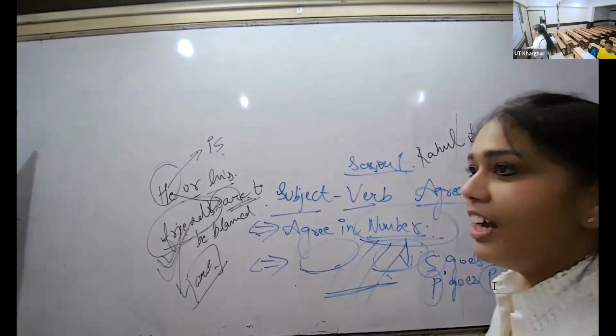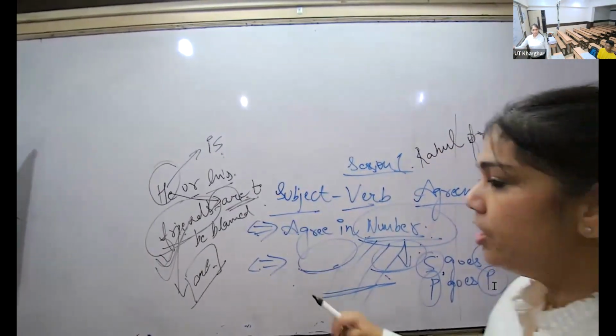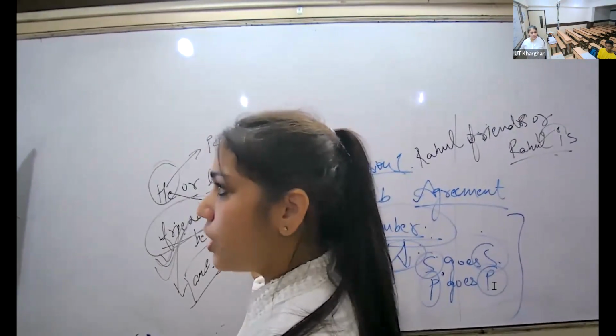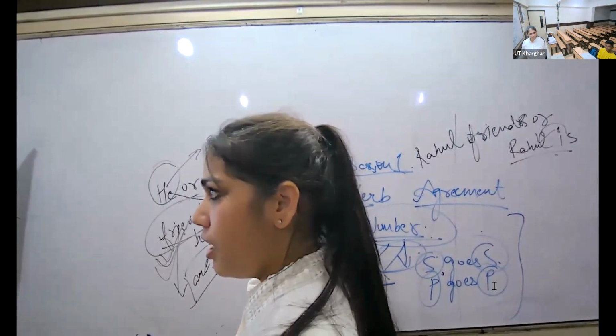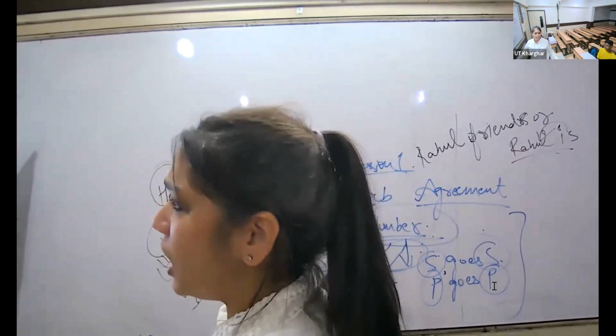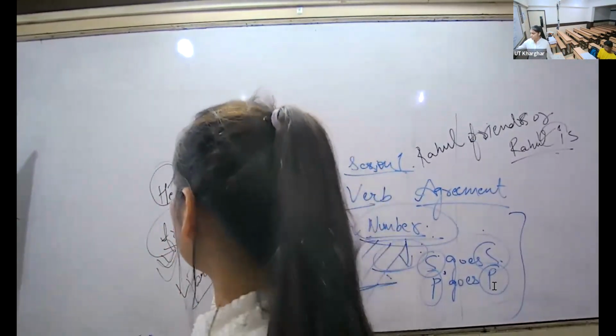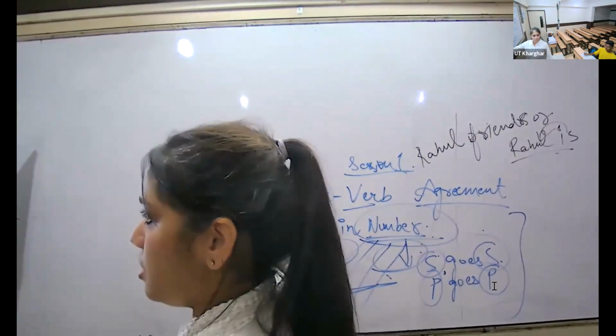Okay, so Adi was saying that here, when the question was "he or his friends are to be blamed", his question was why are we using "are", why are we not using "is"? So I gave him a logic that in such circumstances, because it's not about collective nouns, we always use the verb as per the nearest one.